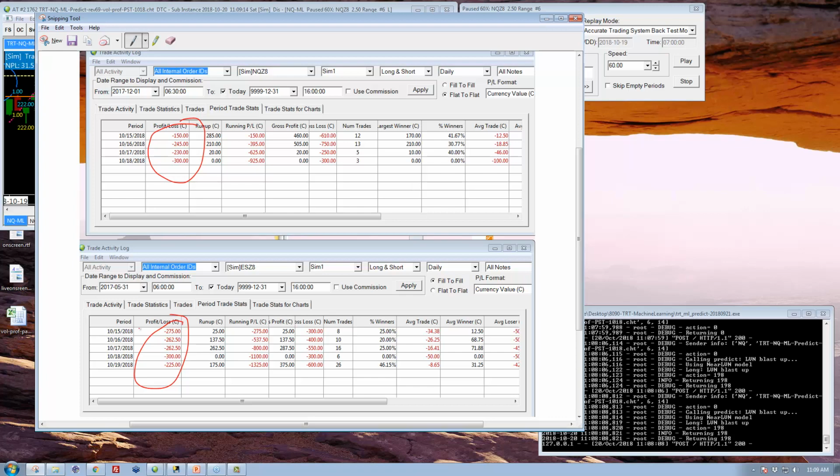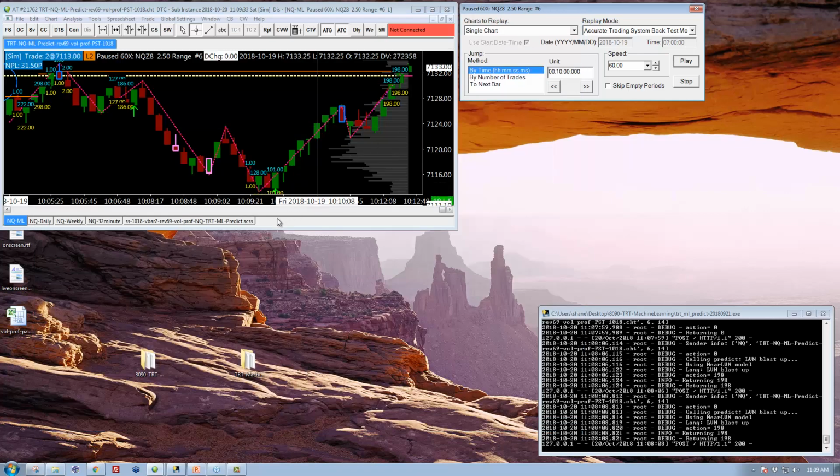And so the point is this set down here on the bottom for the ES included low volume node processing. Without the low volume node processing, Monday through Thursday were not quite as bad, but they were all negative, and then Friday was a really good day, like $500. And so what it demonstrates or brings home is that there's a large element of randomness in the environment.